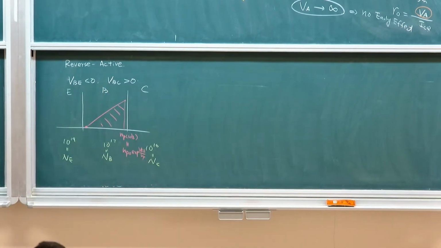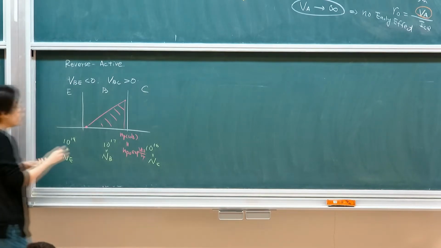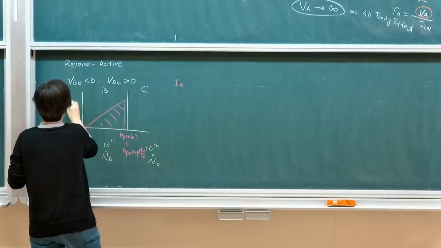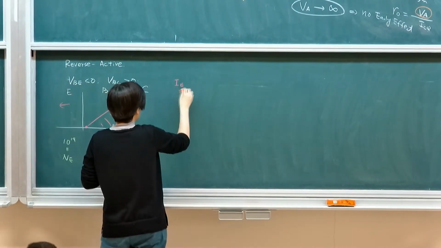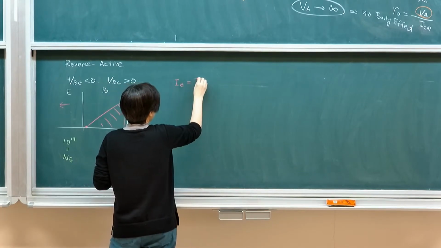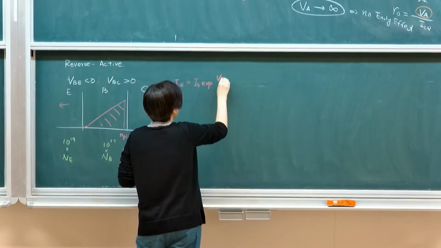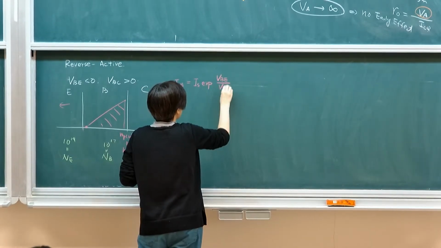So basically what happens is that your collector current, or I should say it becomes emitter current. If I'm drawing my emitter current in this case, this is my emitter current. So my emitter current will then become IS exponential VBE over VT.